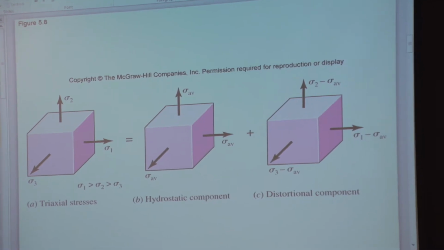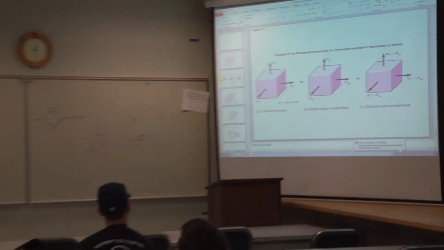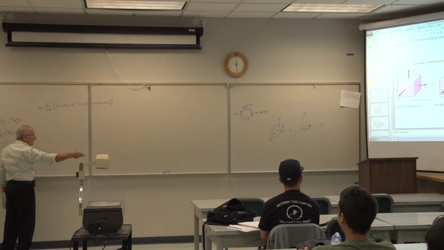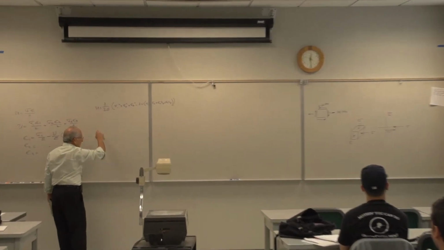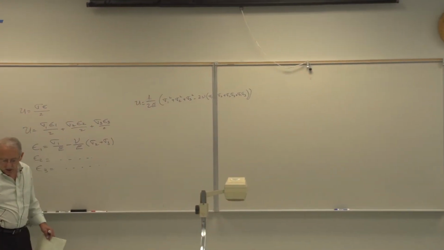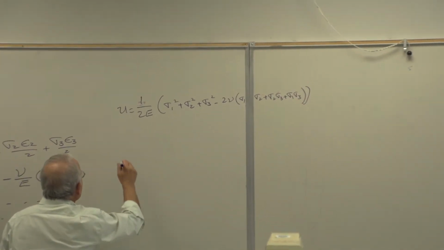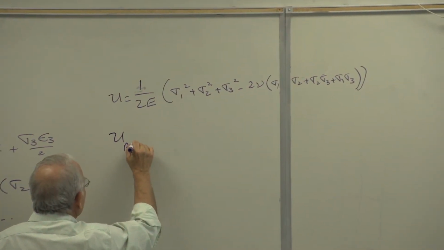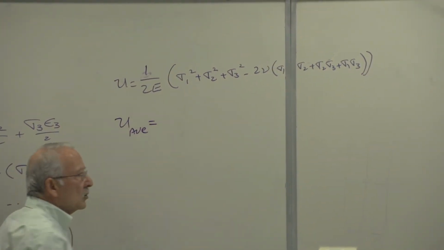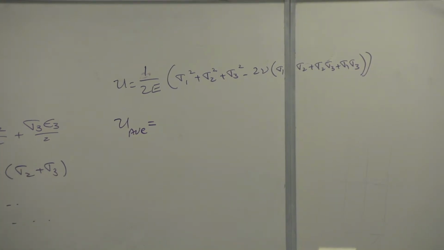This is strain energy due to the original state of stress. I want to find this and subtract it from that. So U average equals what? How do I find U average?